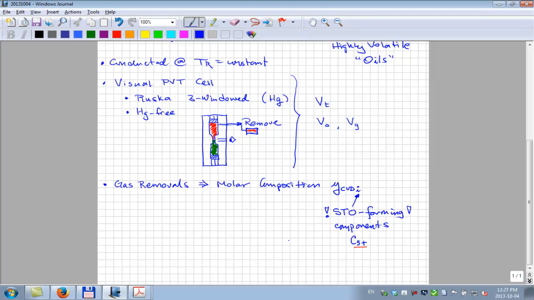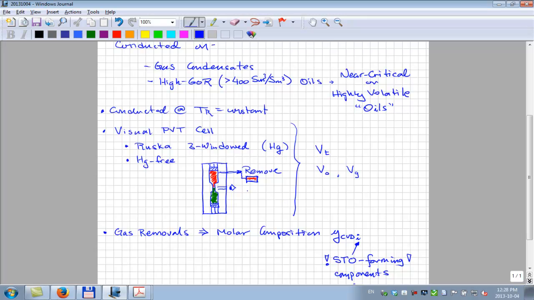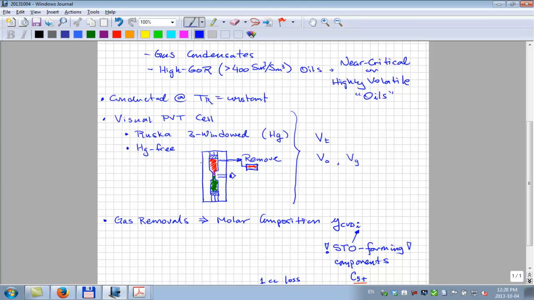Okay, and what might be 1 cc loss here could represent tens of thousands of barrels per day incorrect estimate of what that gas will actually deliver in the way of condensate. Okay, so you have to be very careful. So there's some special considerations in the equipment. So we use a visual cell. We have some special procedures to make sure that what we remove in the way of gas is kept intact, and the entire experiment is conducted at reservoir temperature.